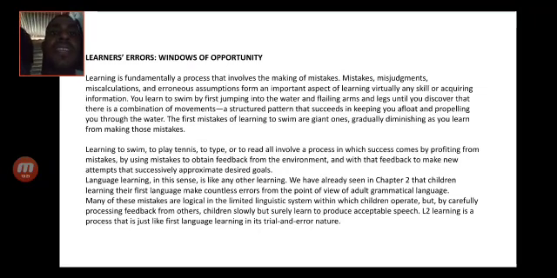Learning is fundamentally a process that involves the making of mistakes, misjudgments, miscalculations, and erroneous assumptions, important aspects of learning virtually any skill or acquiring information.